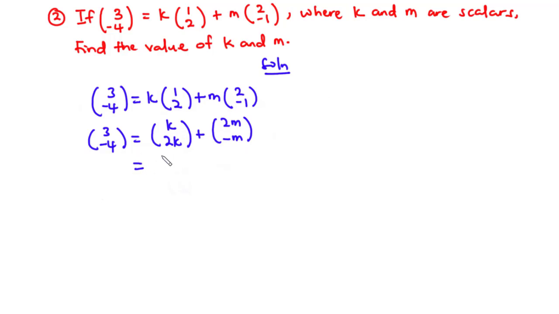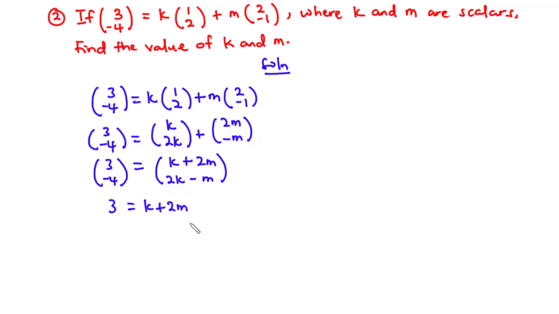Now let's treat the vectors on the right hand side as a single vector. So we have (k plus 2m, 2k minus m), and that is equal to (3, negative 4). Now let's equate corresponding components. So we have 3 equals k plus 2m.